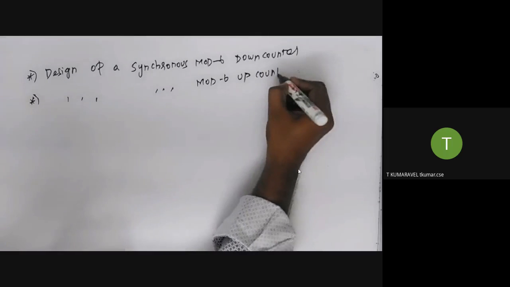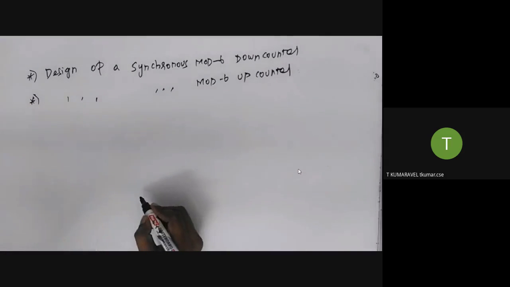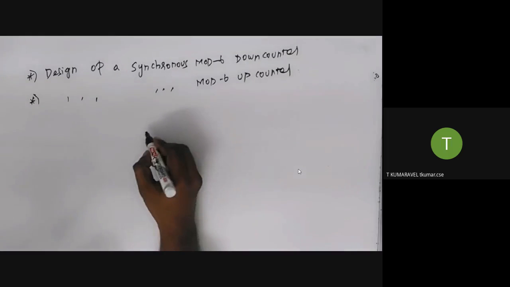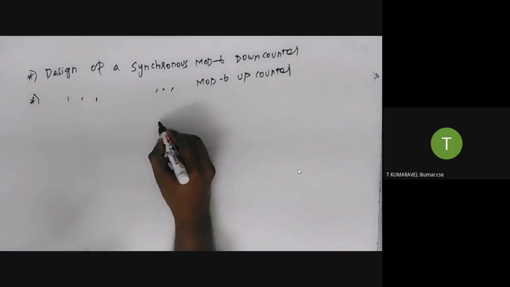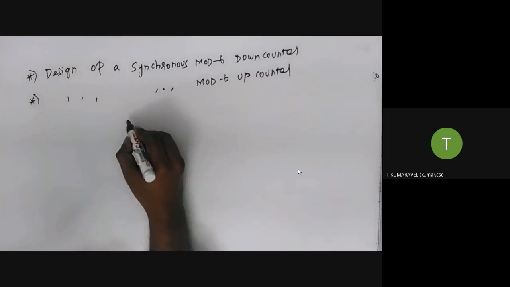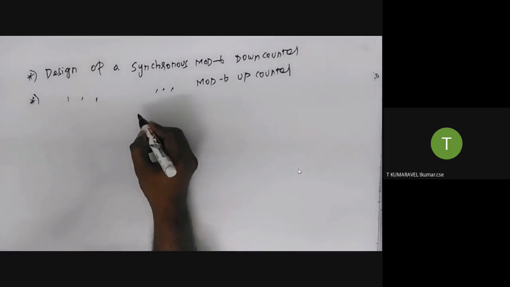Up counter in the sense, what happens? First of all, how many bits are required? Can anyone tell? How many flip-flops are required?